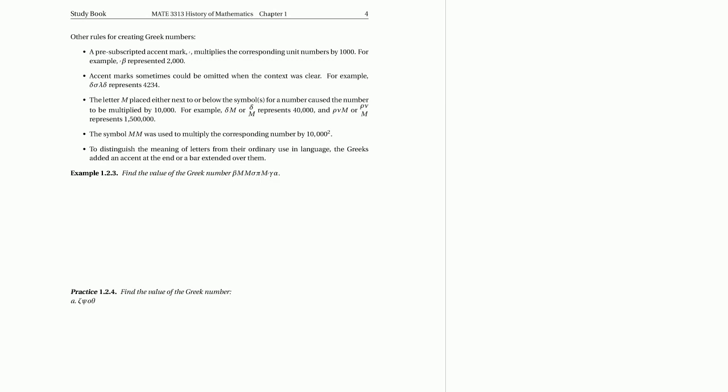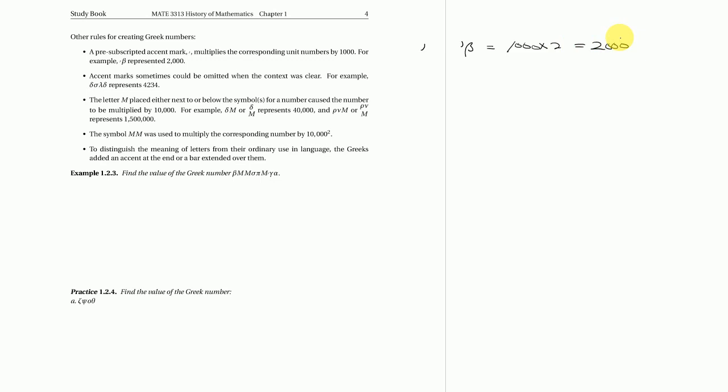So the first rule is they put some accent mark in front of certain symbols. Then it means, you can say it's a comma or apostrophe, okay, whatever, then it means you have to multiply that by 1000. Okay? So that accent beta means beta for 2, right? But we have to multiply 1000 for that. So eventually that is the same as 2000. Okay?